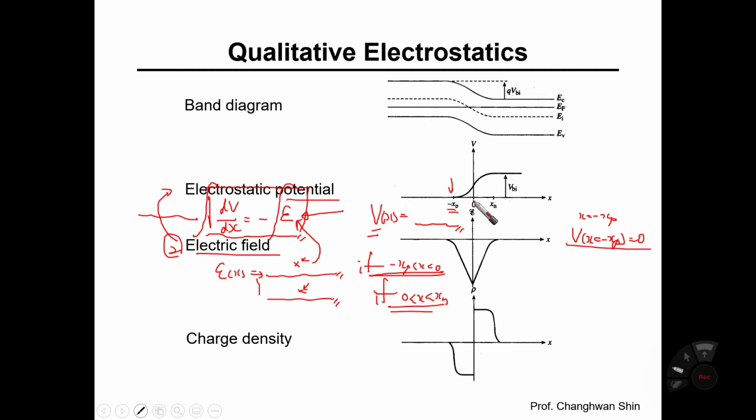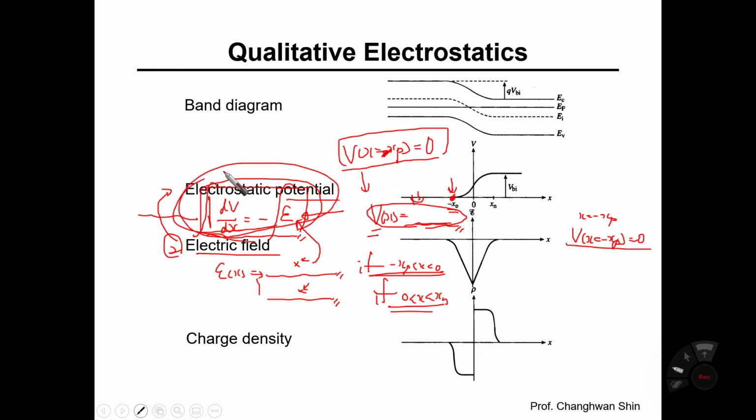The author of the textbook has defined the reference voltage, in other words 0 volt, at x of minus xp here. So when you solve this first order differential equation, you need one boundary condition: when x is minus xp, the potential value is 0. Using this boundary condition, you can completely solve and get the solution of this first order differential equation.